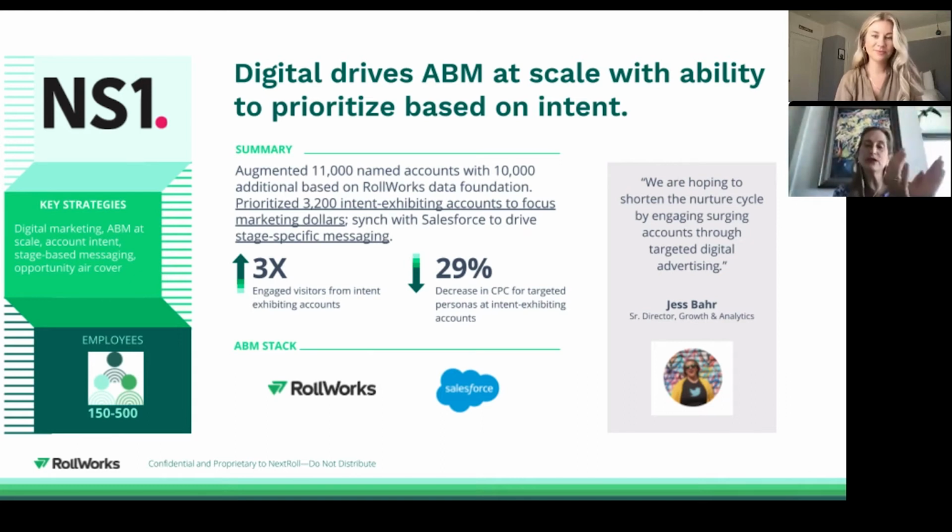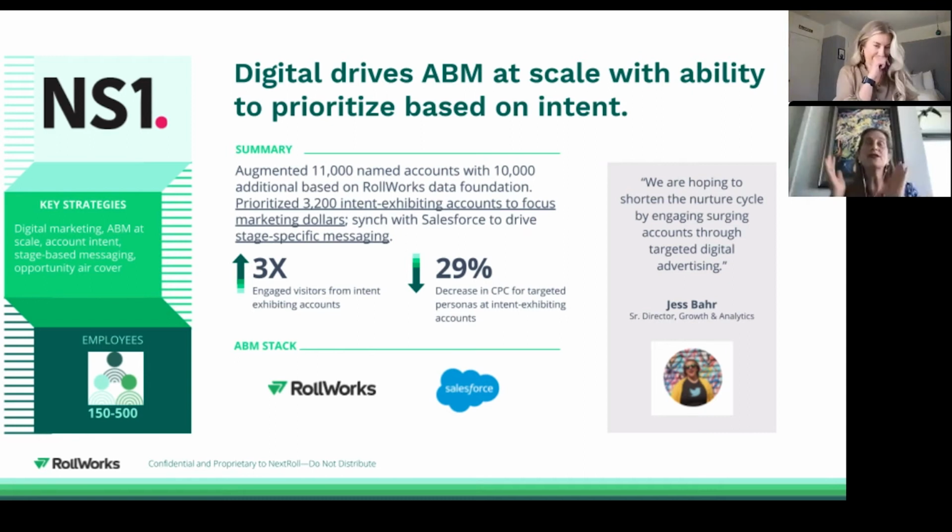And what they're doing is not just looking at intent, but matching the accounts with the stages in Salesforce, so that bi-directional sync with Salesforce, so that the messages that those accounts are receiving are very specific, not just to the intent topics they're engaging in, but to the sales cycle they're at in the buying process.